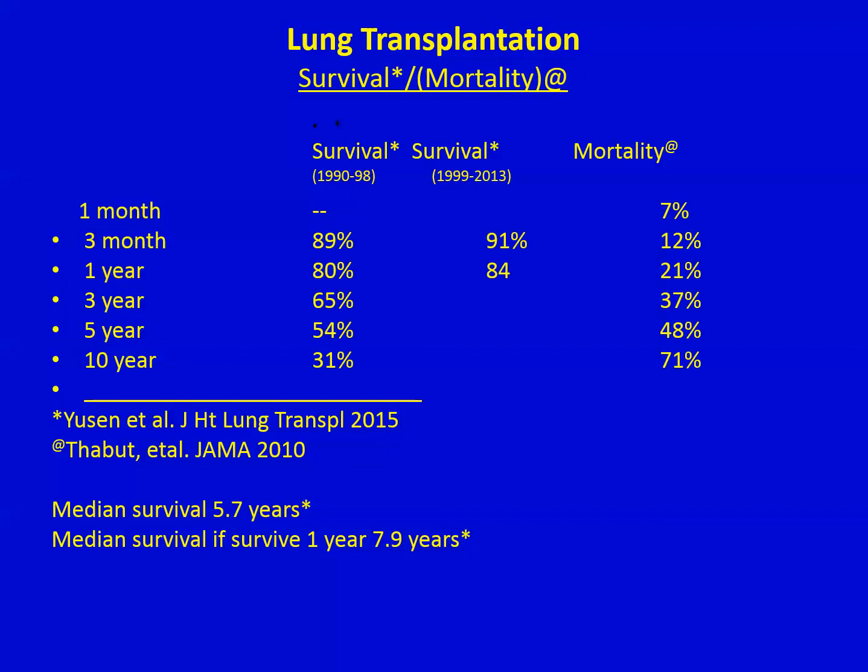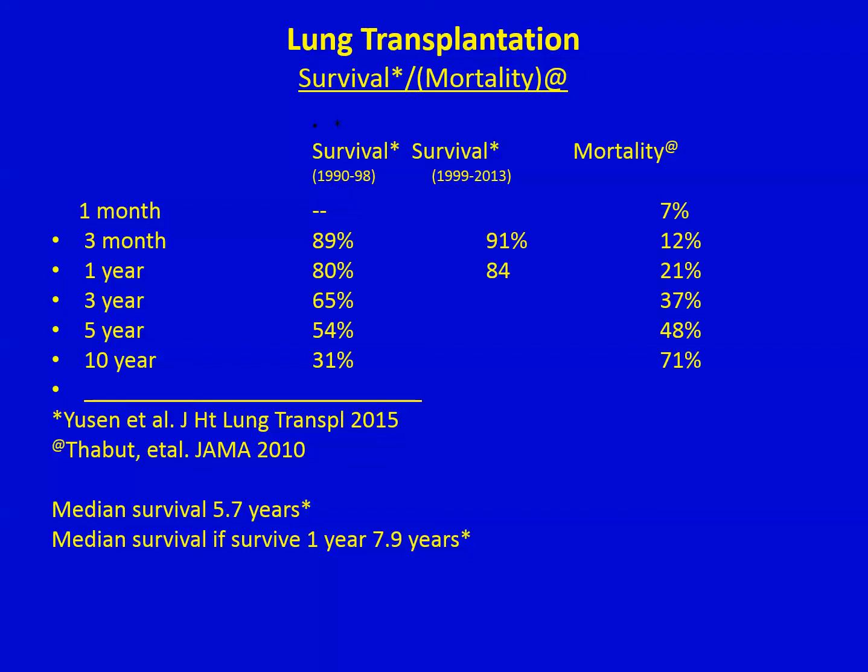This briefly summarizes the survival for those done between 1990 and 98, and those done between 1999 and 2030 from the International Transplant Organization.